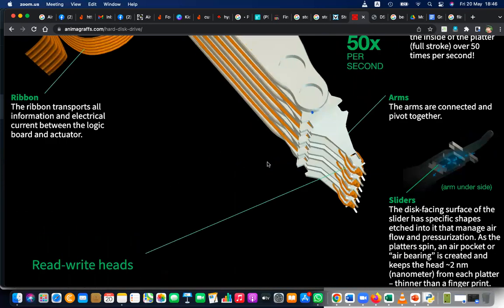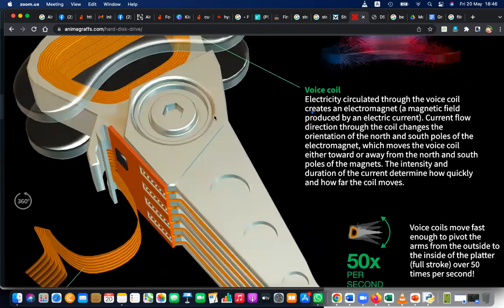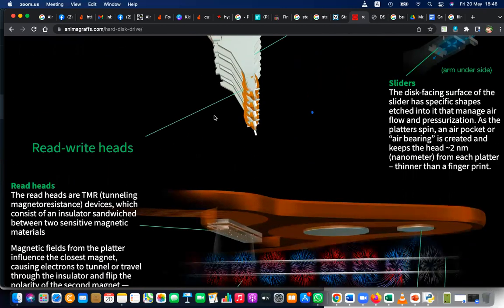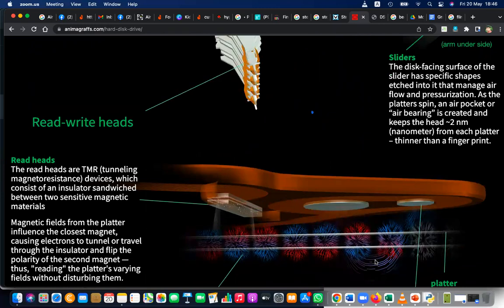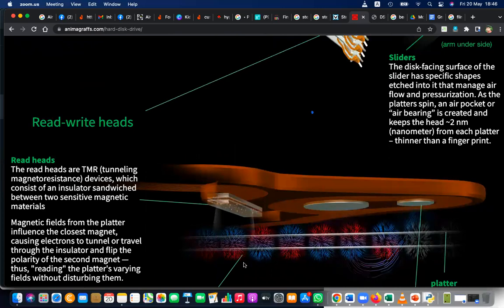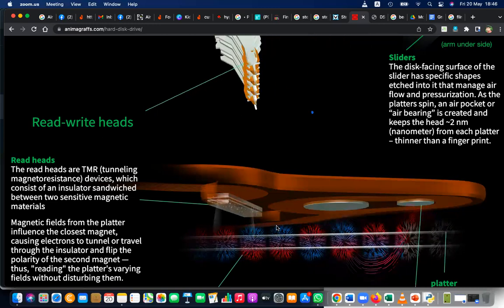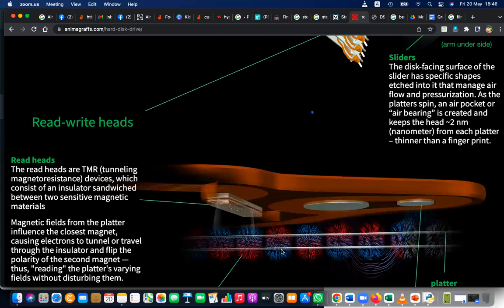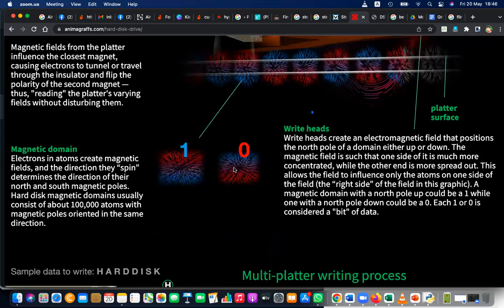The magnetization coming to the head is transferred at a certain speed to the platter. You can see the platter is magnetizing. There are two orientations, north to south or south to north. By doing that, it stores bits, which means ones and zeros. Ultimately, the hard disk stores these bits.